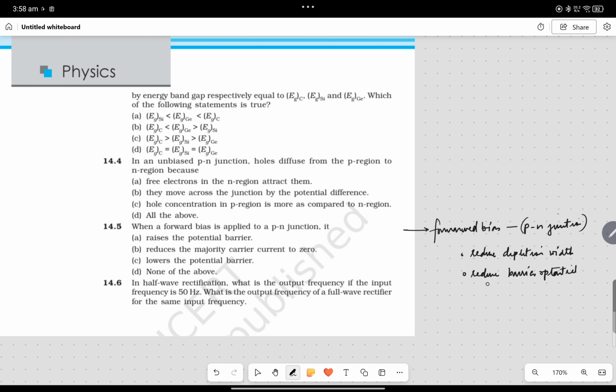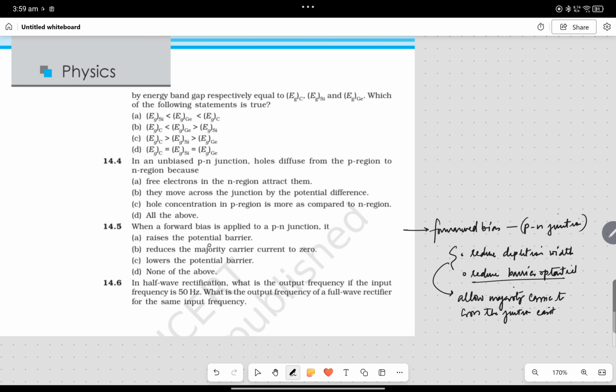And that allows the majority carriers to cross the junction easily. So that's why it reduces the potential barrier.